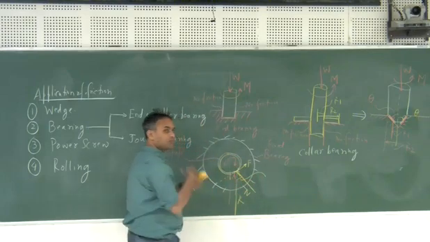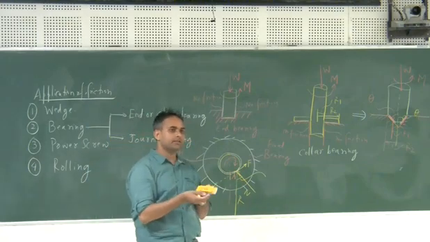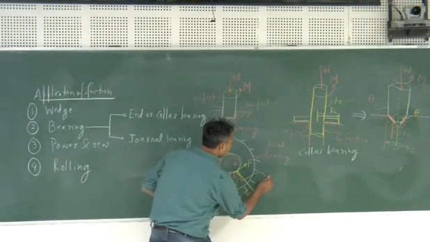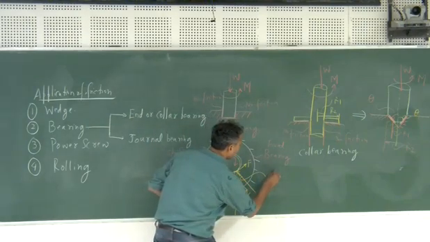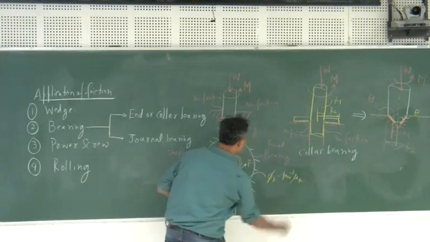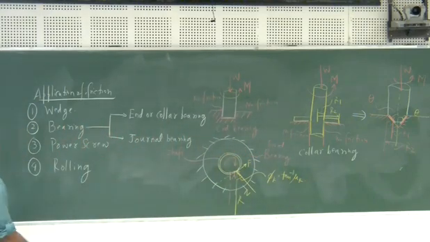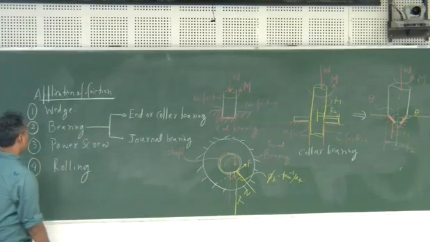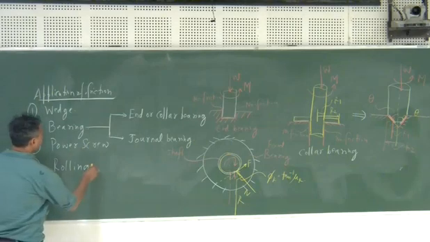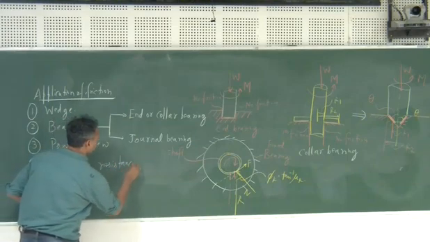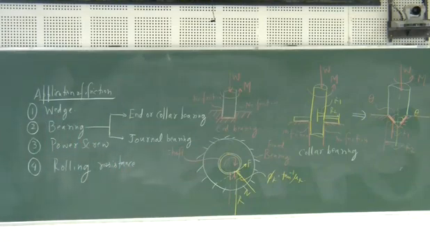Since your body is moving, trying to climb up, you will have to take kinetic friction, phi K, which is nothing but tan inverse mu. I will talk about this relationship later. This is an example of another friction problem. Power screw is another example, and rolling resistance is another example.